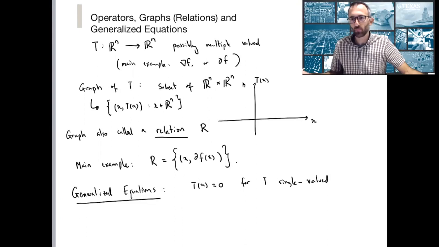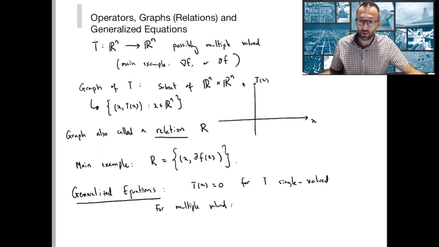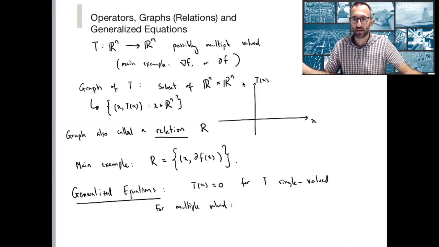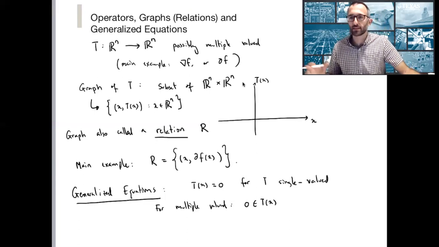But for T multiple valued, we need to solve a generalized equation, which is we want to find an x, not where T of x is equal to 0, but where 0 belongs to the set T of x. Which again you'll recognize as exactly the characterization of optimality of an unconstrained convex optimization problem.